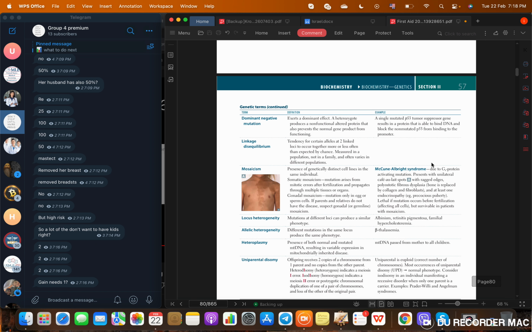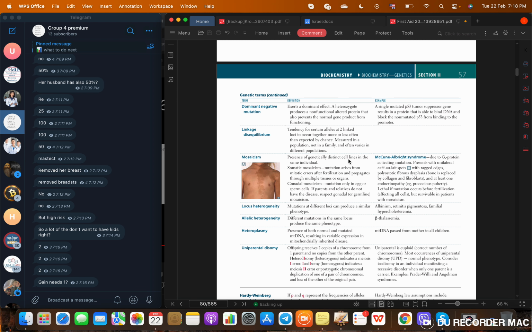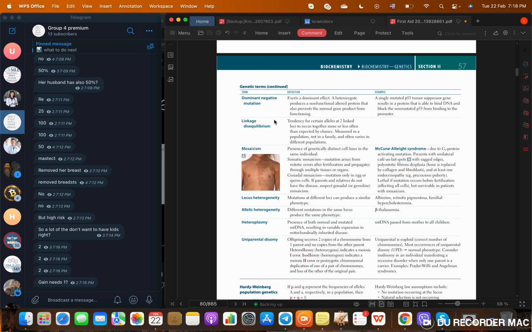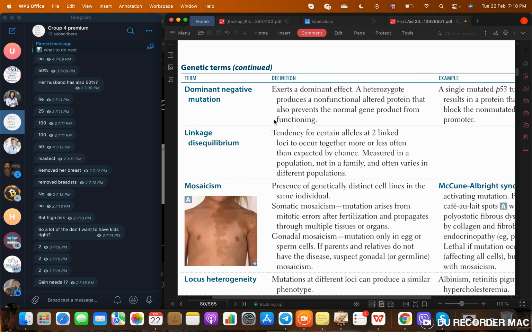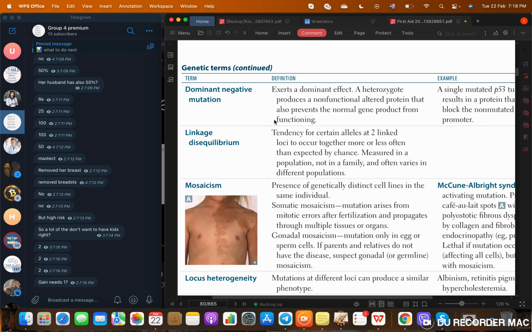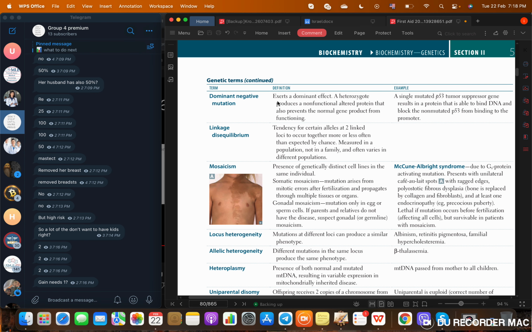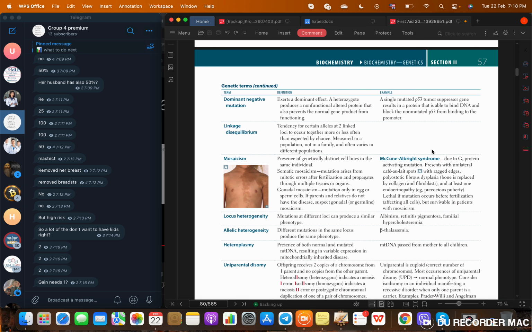So let's see. The next one is dominant negative mutation, which means something like this. They write, it exerts a dominant effect. A heterozygote produces a non-functional altered protein that also prevents the normal gene product from functioning. You're like, wait, what? I like the examples they give.